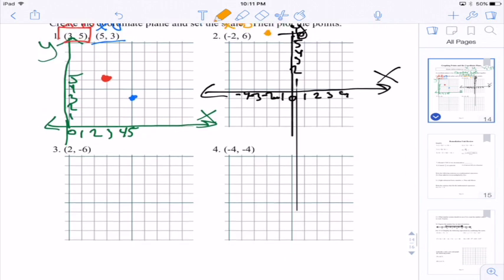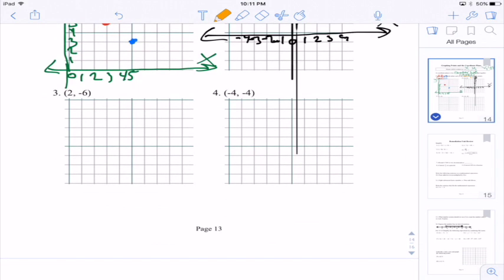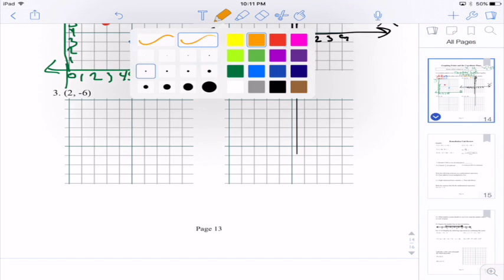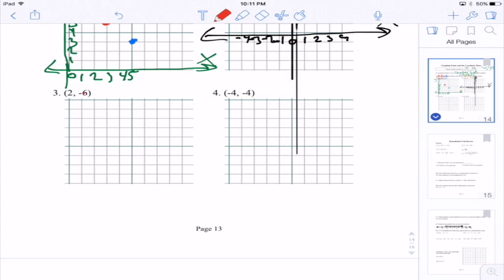We could have counted by 2's to fix that, but no worries. So let's do our last two. Now I'm going to try and set these axes up in weird ways to see if it does mess you up. So let's put the axes over here. So there's my y. Here's my x. As long as we label it, it shouldn't be a big deal. Here's my x-axis. We start at 0, 1, 2, 3. That's plenty. And then on my y-axis, I have 1, 2. When I go down, they're negative.